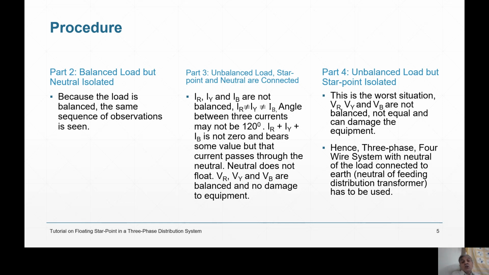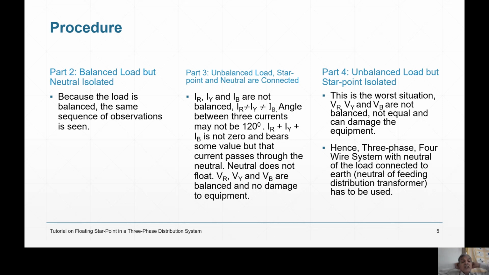Now unbalanced load, but star point is connected. That is what we are doing. Load is always unbalanced. Because load is unbalanced, IR, IY, IB are not equal. Therefore, IR plus IY plus IB is equal to IN. Some neutral current passes. Not only that, the neutral is not at the same place.